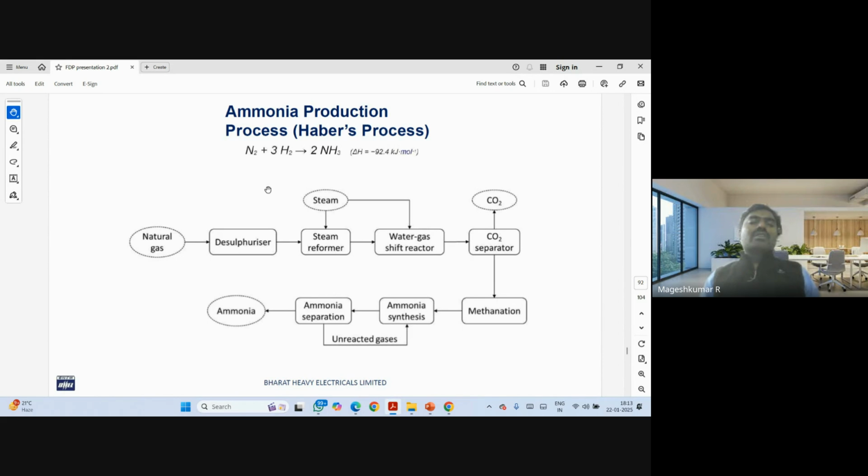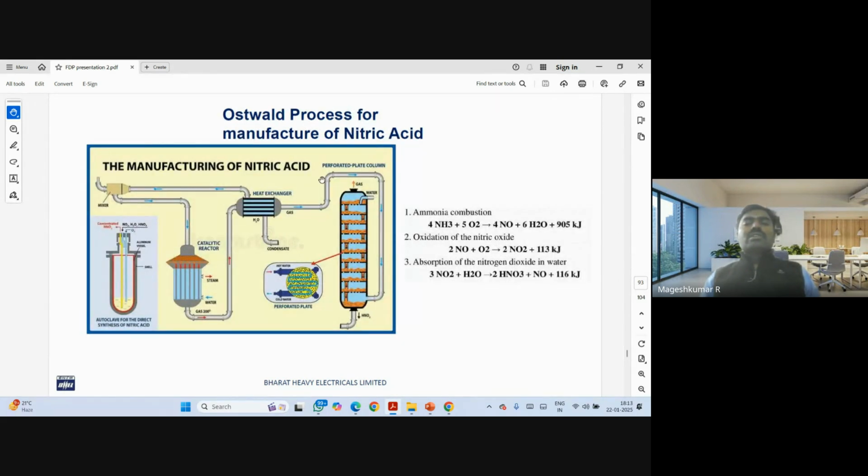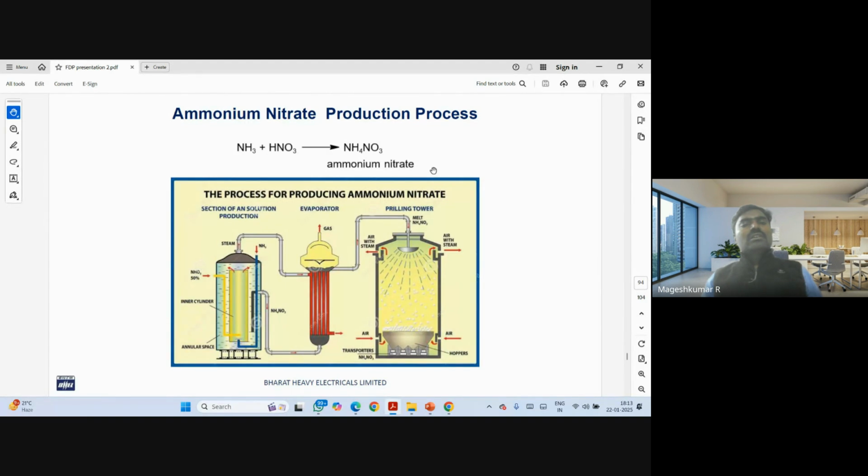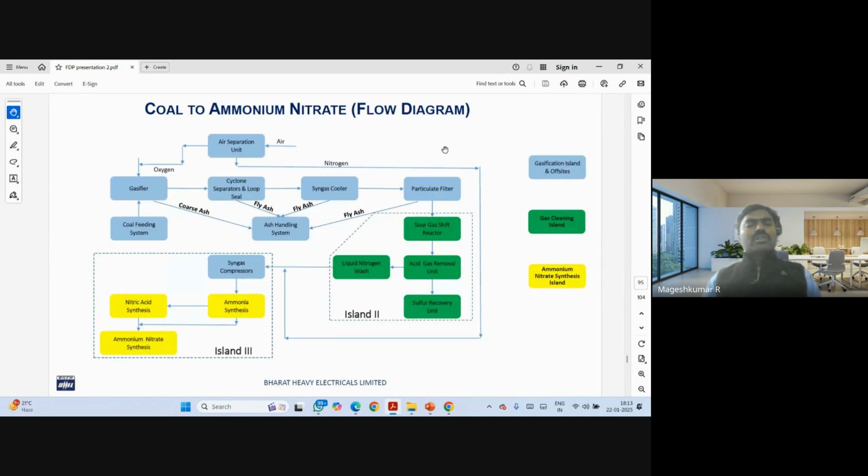Instead of that, we can use coal for the gasification and utilize it for this purpose. These are the various methods of producing nitric acid, and a method for producing ammonium nitrate from ammonia after treating with nitric acid, then ammonium nitrate will be produced.